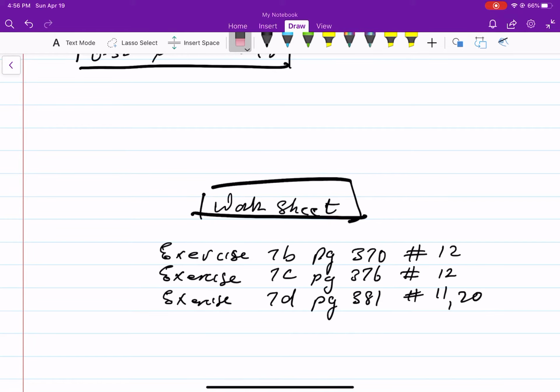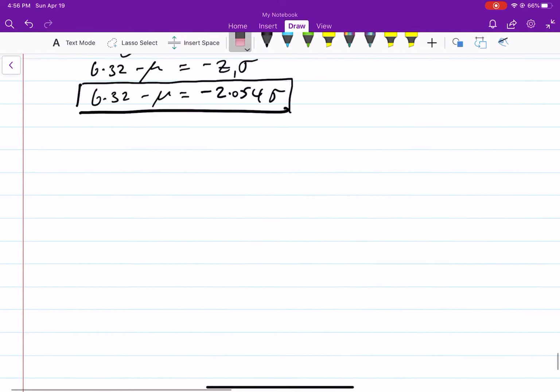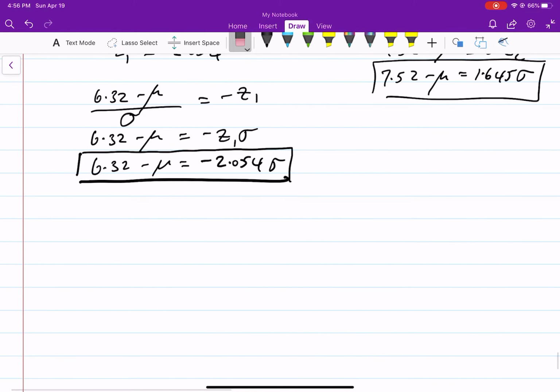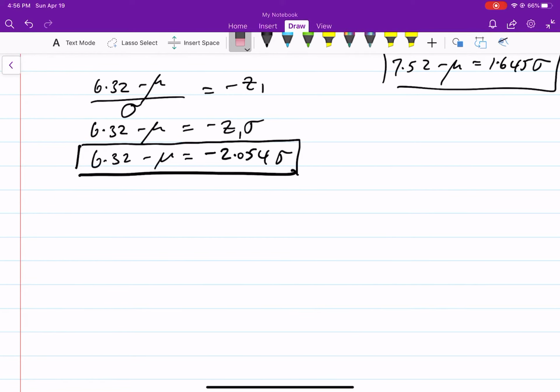So let's see. I want to go through it, make sure my numbers were correct. I lay them side by side. I'll write the second one first.